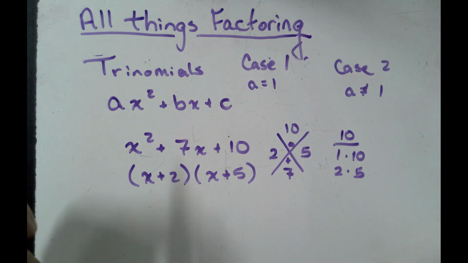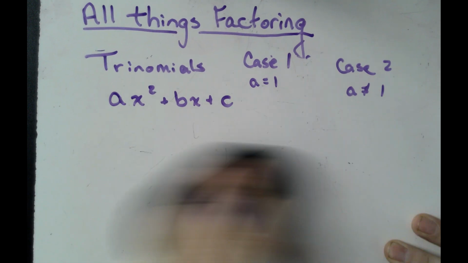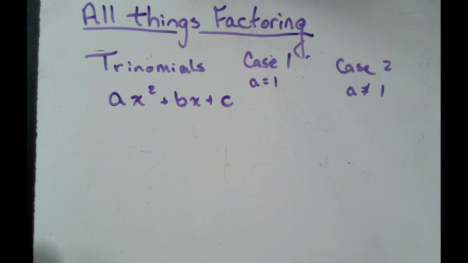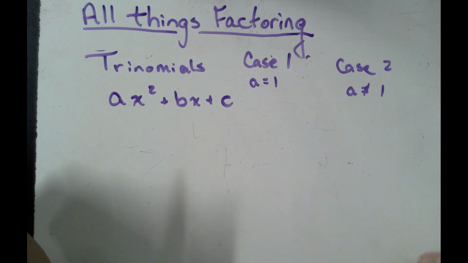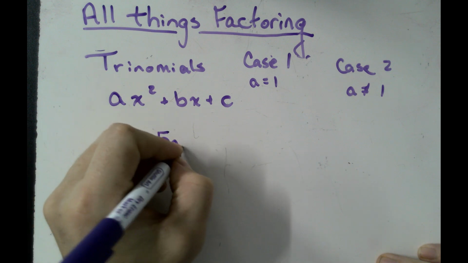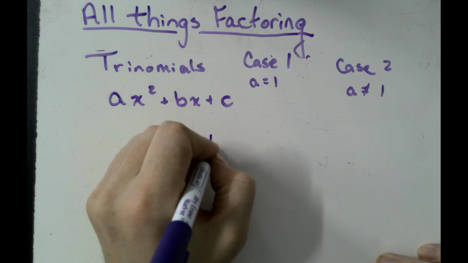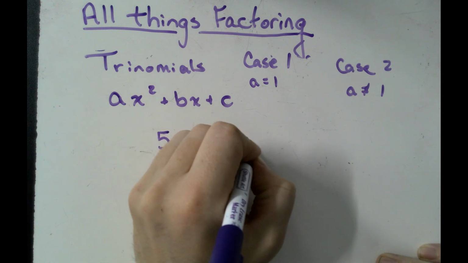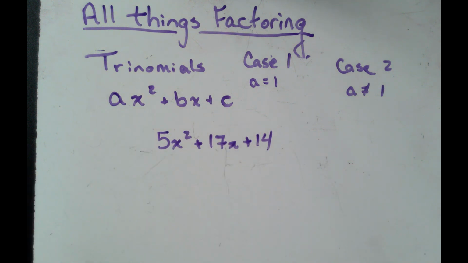So now we need to take a look at case 2. In case 2, this is where a does not equal 1. And in a case where a does not equal 1, something like 5x squared plus 17x plus 14 seems to be a good situation here.